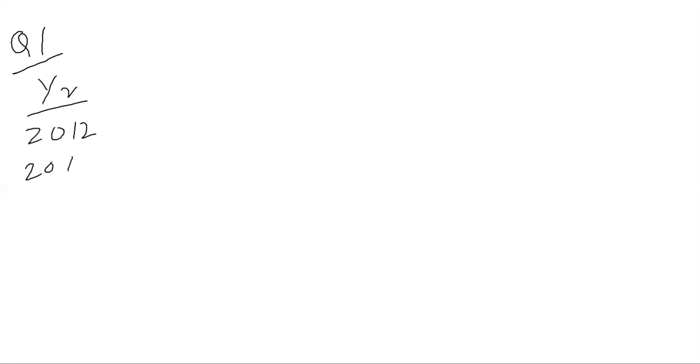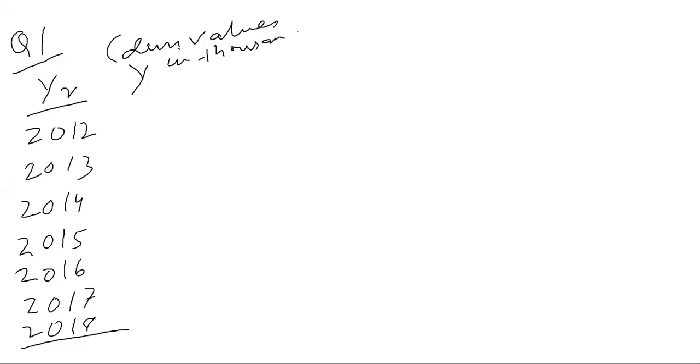2012, 2013, then 2014, 2015, then 2016, then 17 and 18. And the demand values in thousand. These are your Y values, where your Y values are demand values of the product in thousand. It is given in thousand. So first year it is 80, 90,000.